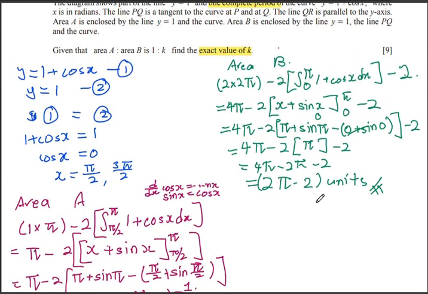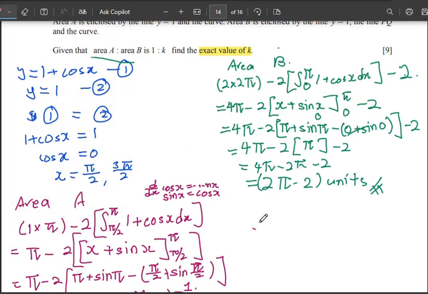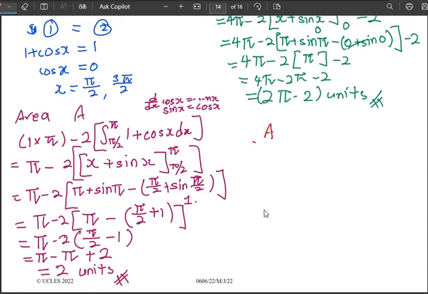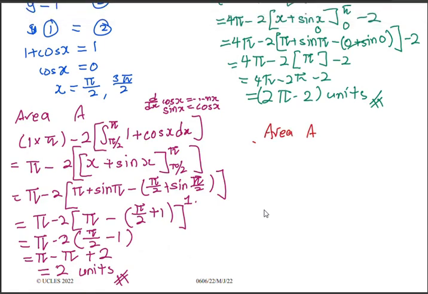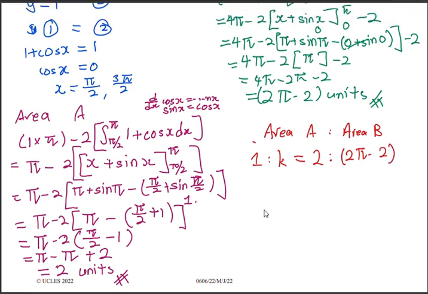Okay, so now I have to make it into this form, area A to area B. So area A to area B is actually equal to 1 to k, which is also equivalent to area A is 2, and this is 2 pi minus 2 units.